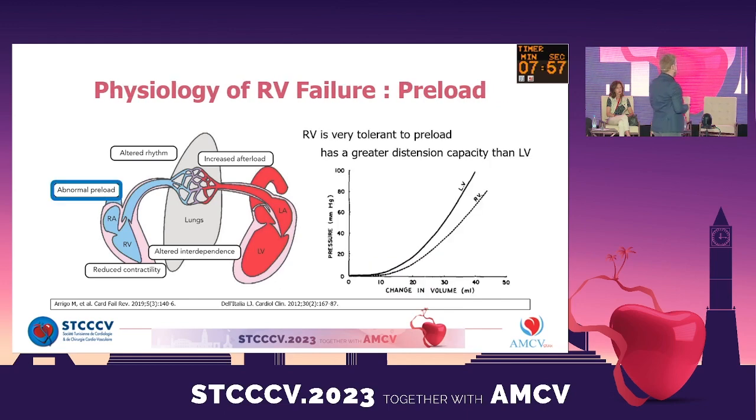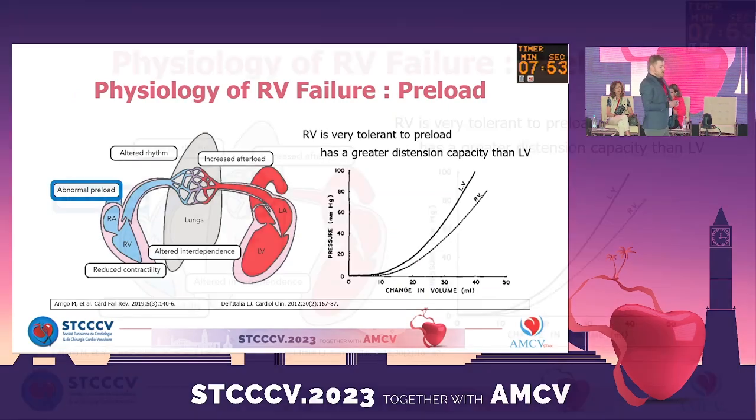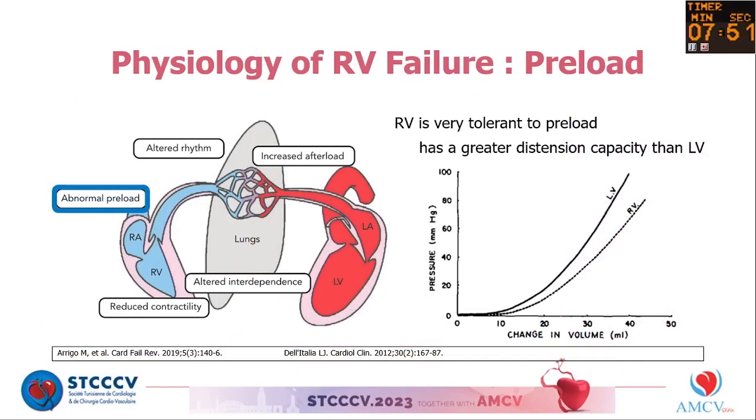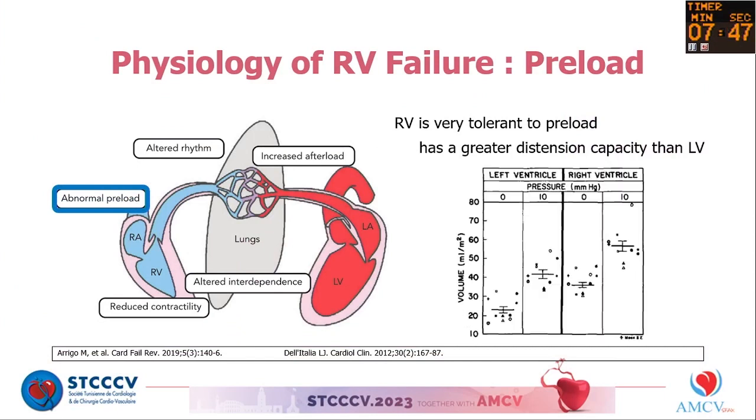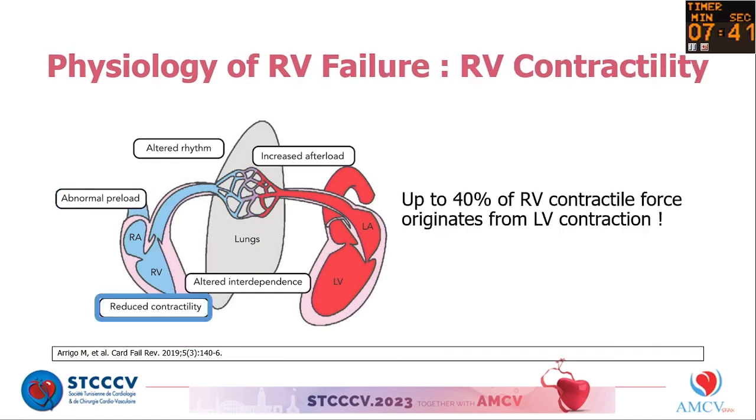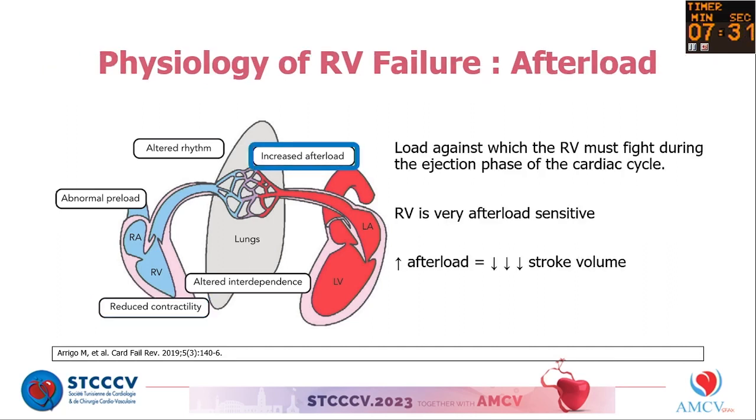The first one is the abnormal preload. You need to know that the RV is very tolerant to preload, so it has a greater distension capacity than the LV. At the same pressure, there's a lot more volume in the RV than in the LV. And as I said, for RV contractility, up to 40% of the contractile force of the RV depends on the LV contraction.